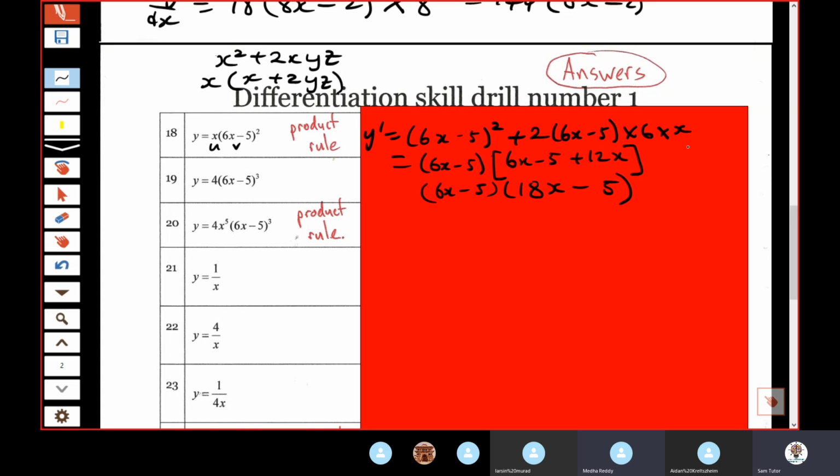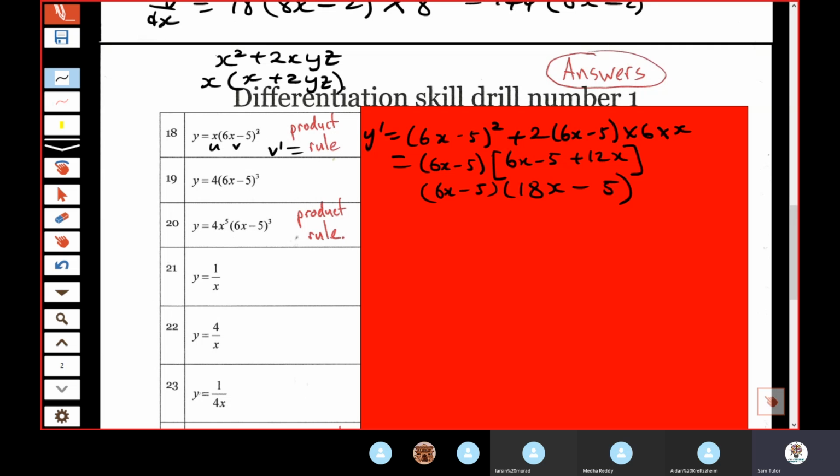How'd you get that? So u dash v plus v dash u. How do I differentiate (6x take away 5) squared? So what is v dash? Tell me, what's the derivative of this? No, you don't know?